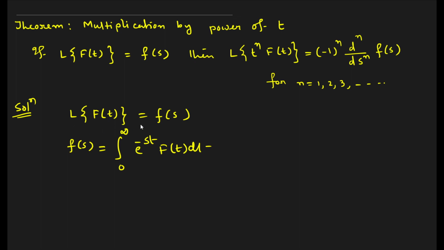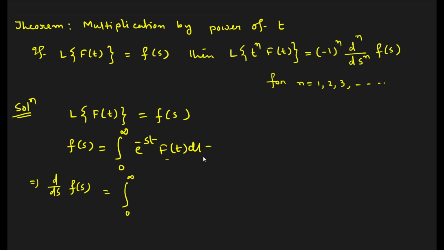So let us do the proof. We have the Laplace transformation of f of t is F of s, and F of s is the integral from 0 to infinity of e to the power minus st f of t dt. Now if we differentiate, suppose d by ds of F of s, we are differentiating with respect to s.